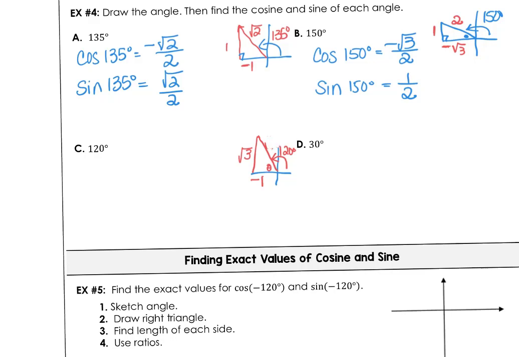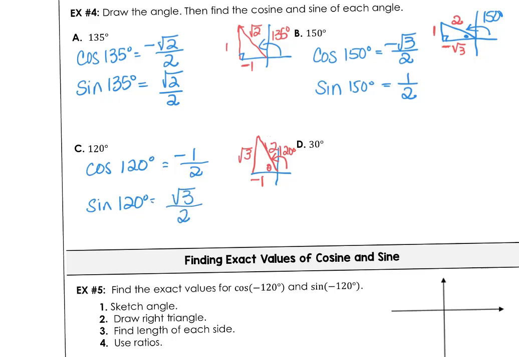Don't want to make that mistake. So cosine of 120 degrees is adjacent to hypotenuse, and sine of 120 degrees is the length opposite our theta divided by the hypotenuse.